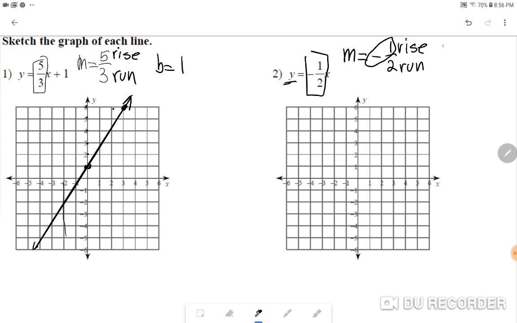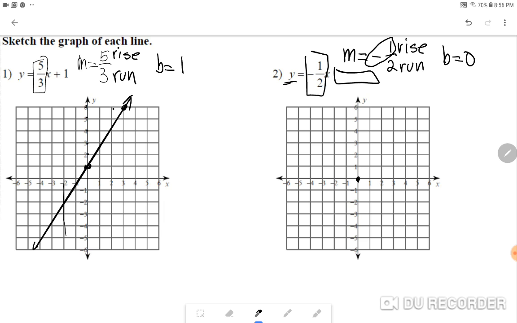And the b value, if you notice, there's no number in here. So if that's the case, the b is 0. So find 0 on the y-axis, which is right here.